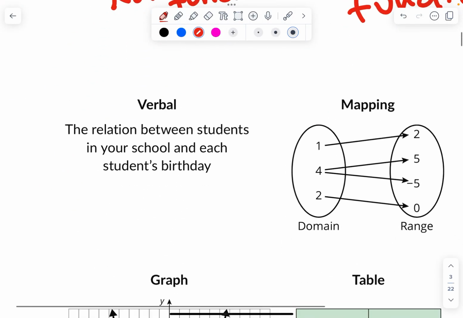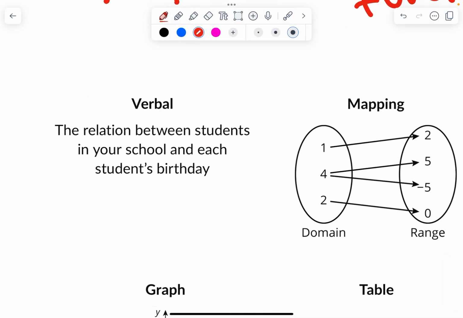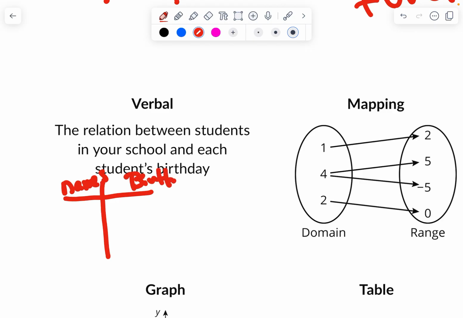Okay. Verbal: the relationship between students in your school and each student's birthday. If I was to make a table and I had students' names and their birthdays, and I had a student named Joe, and maybe Joe was February 21st, and then I had Martin, and his is January the 4th.